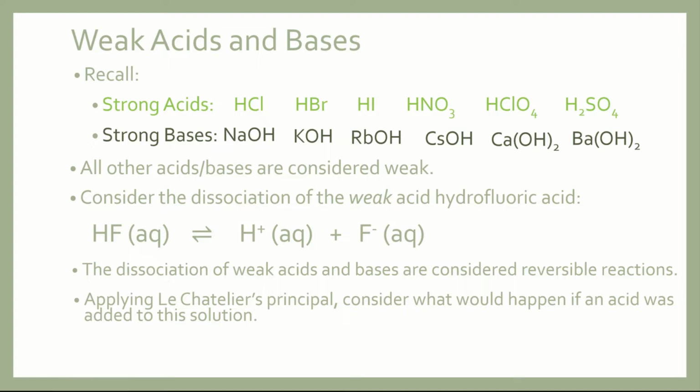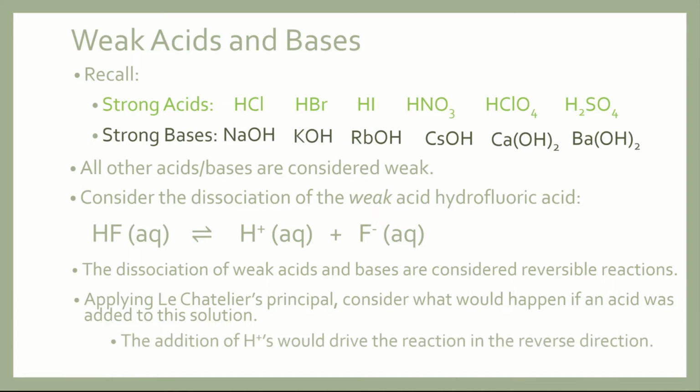Remembering Le Chatelier's principle from a couple of chapters ago, consider what would happen if we added some H+ ions to the system. Adding H+ ions would shift towards the reactants, and we'd use those H+ to form HF, hydrogen fluoride. So we'd move in the reverse direction if we added H+.